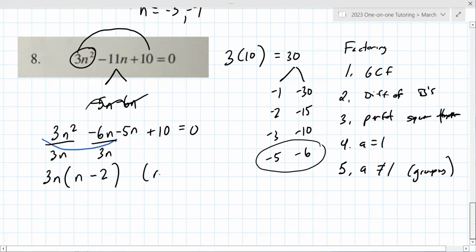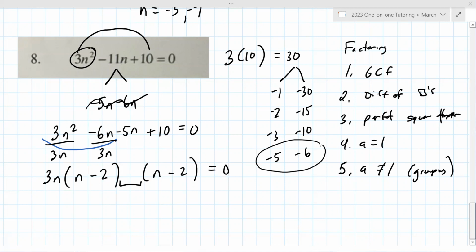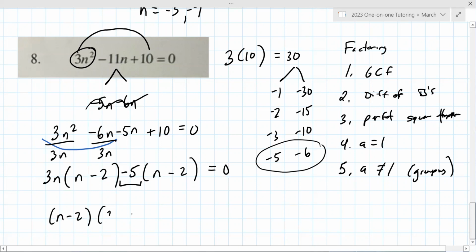That immediately goes over here to the right, and you figure out what goes in between. Minus 5. Very good. And you then factor again here: 3n minus 5 equals 0.